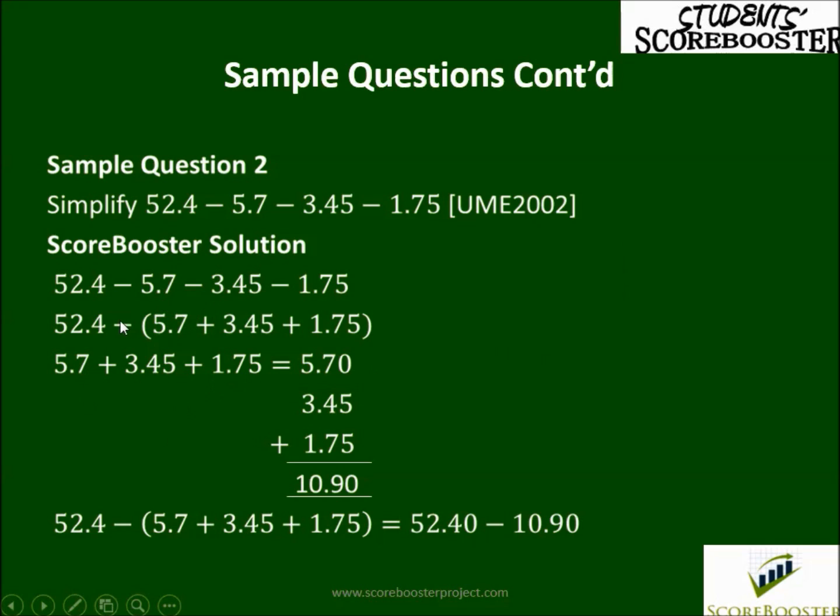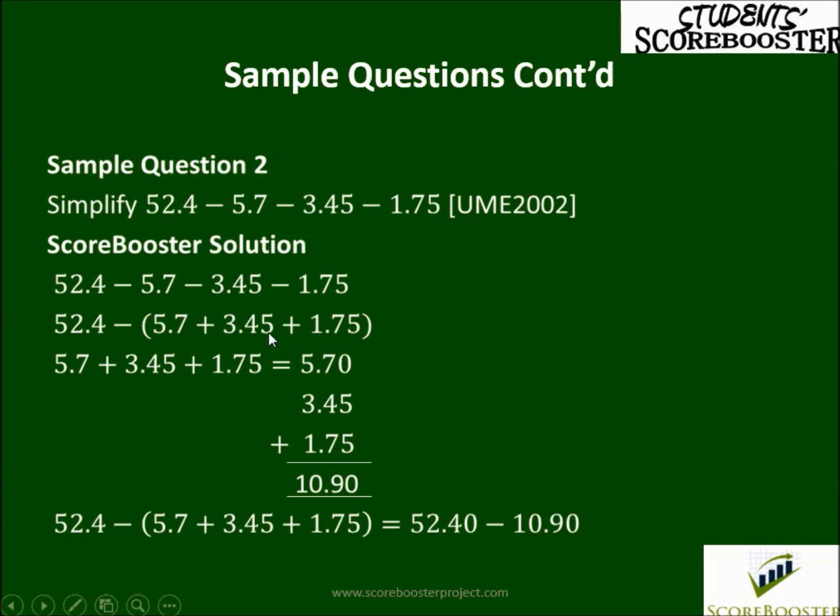When you factorize out minus 1, you have plus here, and if you want to confirm, you can simply expand back. So when you have minus 5.7, plus times minus gives minus, and you have minus 3.45, and the same here, minus 1.75. So when you bring out minus 1, the signs here become plus.